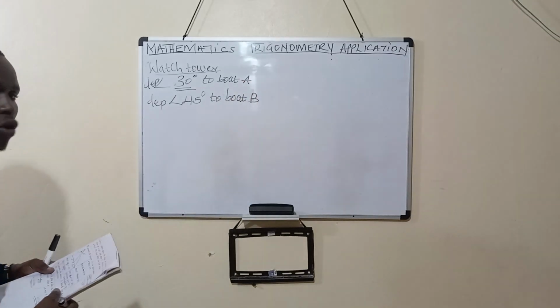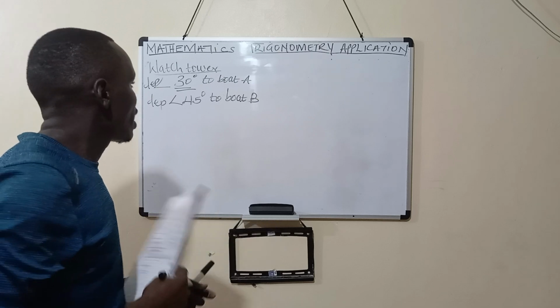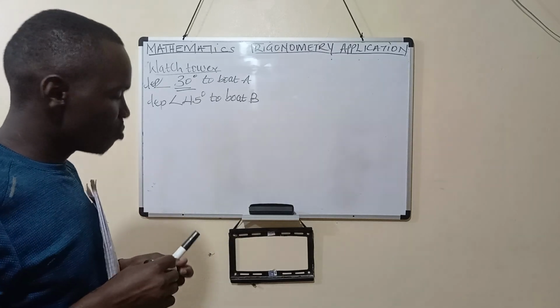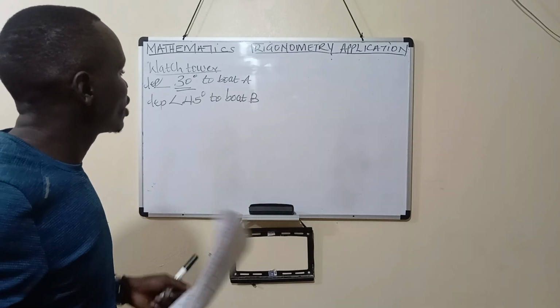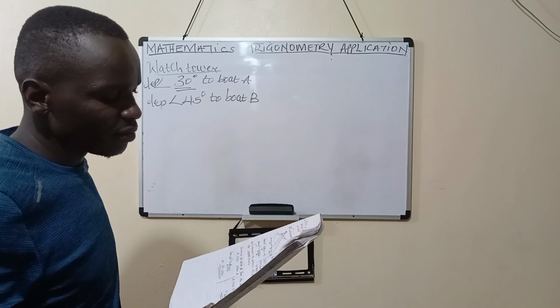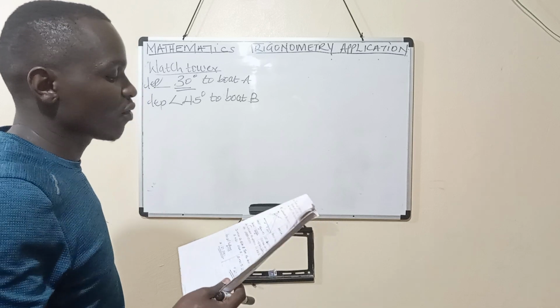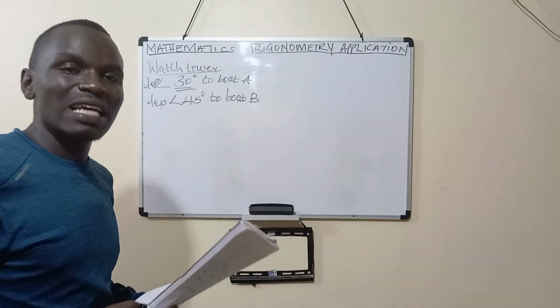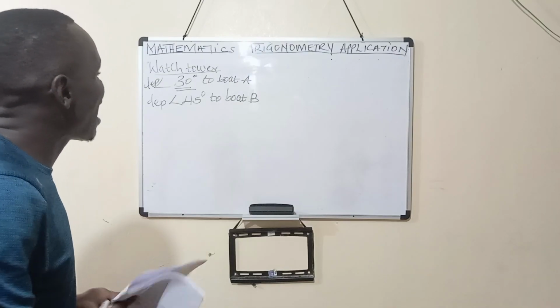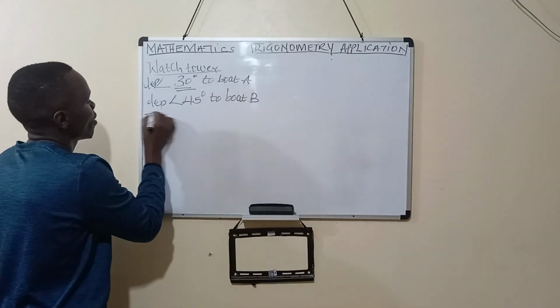We're talking about boat A and boat B. So the angle of depression to boat B is 45 degrees.